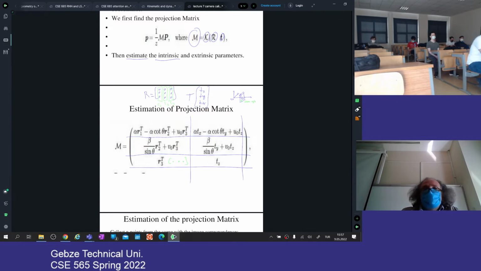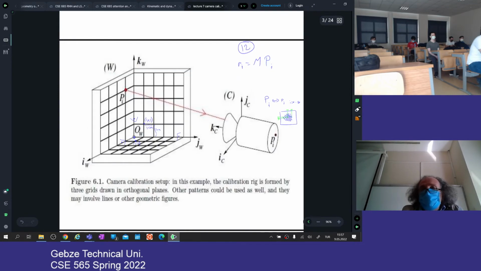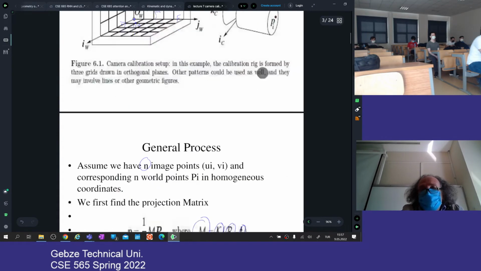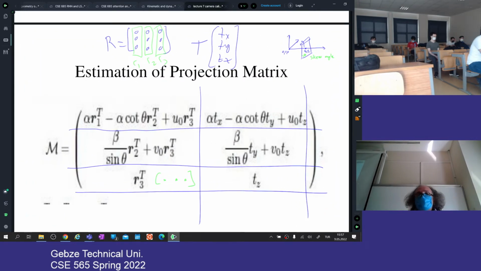By using the procedure that I told you before, if you calculate M, what you get is just 12 numbers. By looking at those 12 numbers, you can only know this TZ value and this R3, the third column of the rotation matrix.